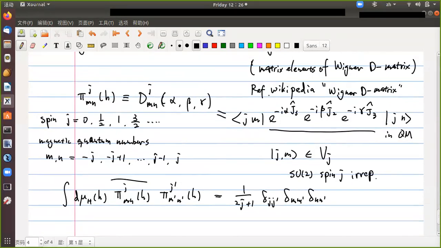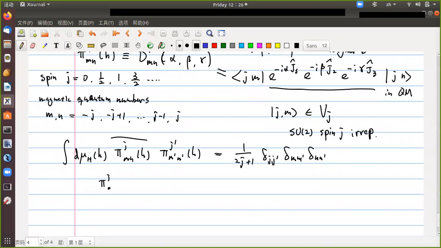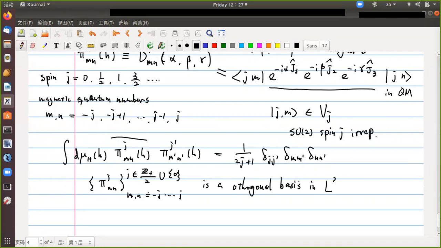So now we can see that pi^j_mn for all j in the half integers, also containing 0, that is N plus half union 0, and m and n equal to minus j up to plus j, is also an orthogonal basis in the Hilbert space L2 SU2.